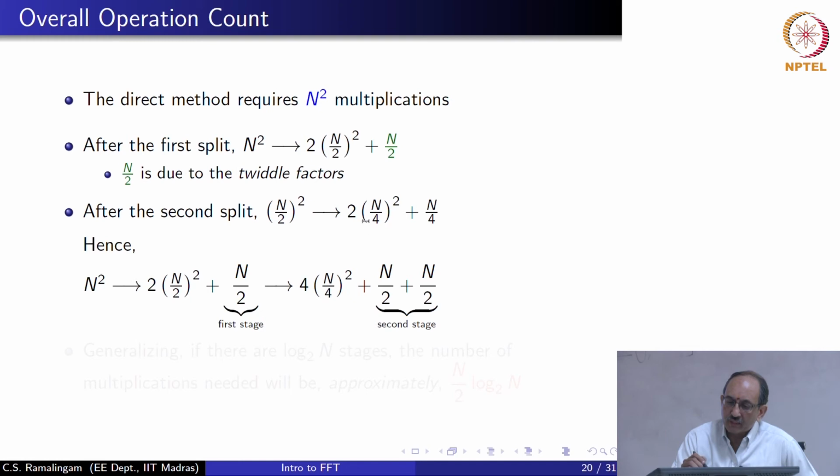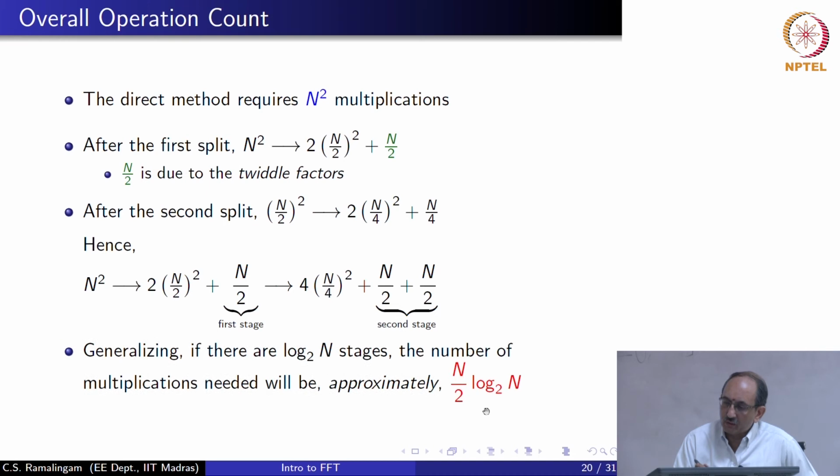So, for the second split, this is the operation count, and hence starting from n squared, this was what this factor was for the first stage. For the second stage you have this, and if you keep going you will find that if there are log n to the base 2 stages, the number of multiplications needed will approximately be n by 2 log n to the base 2. From order of n squared, we have come to n by 2 times log n to the base 2.